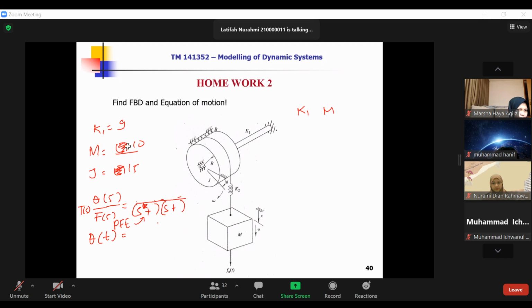After you apply the partial fraction expansion, you apply the inverse Laplace, and now you can find, let's say, 1/3 minus e, like before, plus and so on. So the questions can be like that.